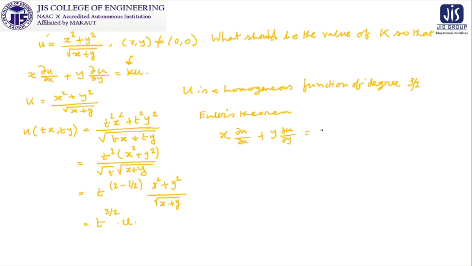Here u is the function under consideration, so it will be n u. N means here 3 by 2. So 3 by 2 u. Now comparing this line with the given line which is asked, we will get the value of k is equal to 3 by 2.